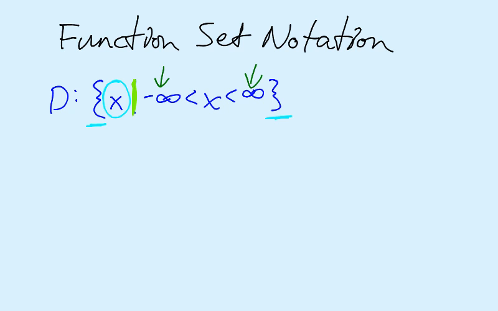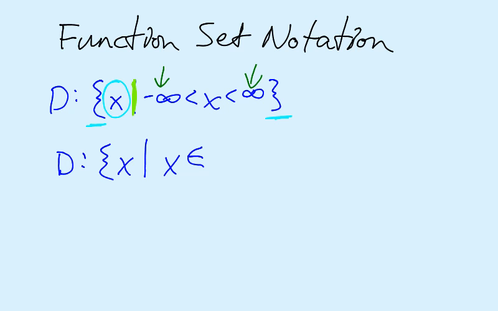Now, why do I want to use this? Because I say specifically where it is. And I say specifically what I'm talking about with x. This can also allow me to do other things, such as say that the domain is the set of x such that x is, okay, use this little e.